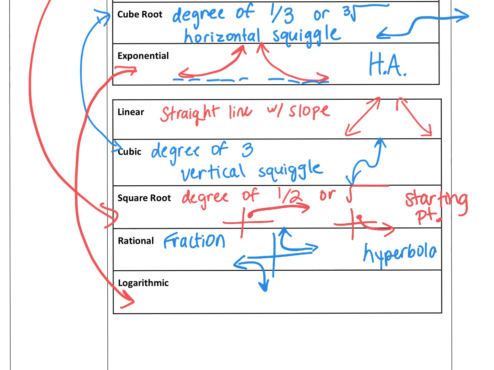Please don't forget that, okay? And what these look like. So instead of having a horizontal asymptote, these are going to have a vertical one, okay? And they're going to be kind of like this, okay? Or maybe they even shoot down. Okay, that is what a logarithmic is. Do not forget that logs and exponentials are inverses.